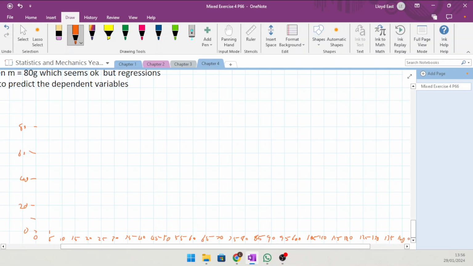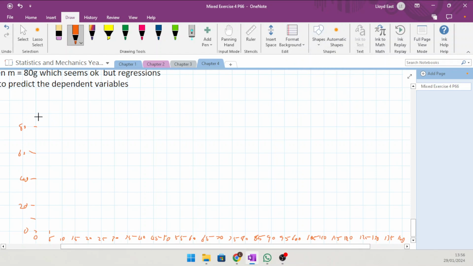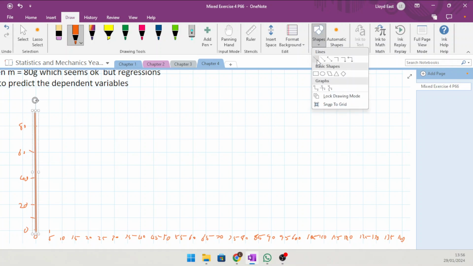I think that's enough, isn't it? Yeah, it was back there. Okay, right then, let's get some lines on that, get some titles on it, and then we can start plotting it. Okay, so there's that.